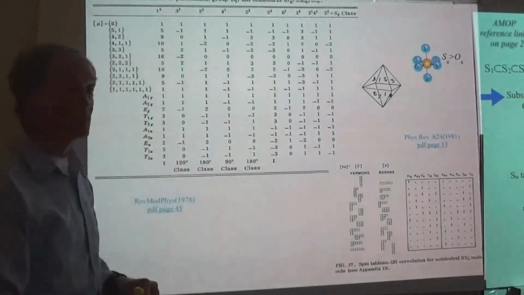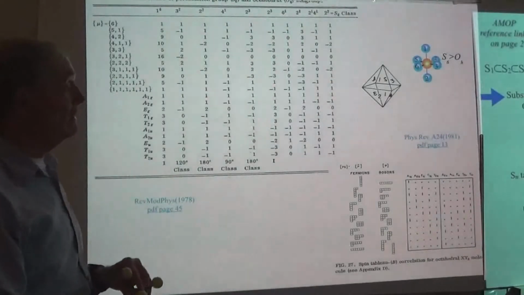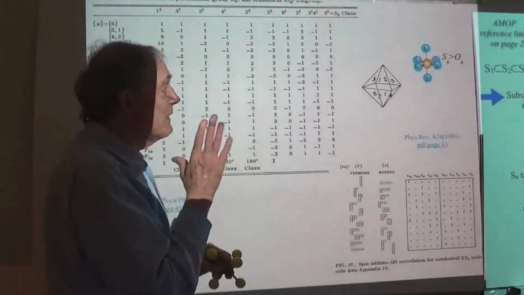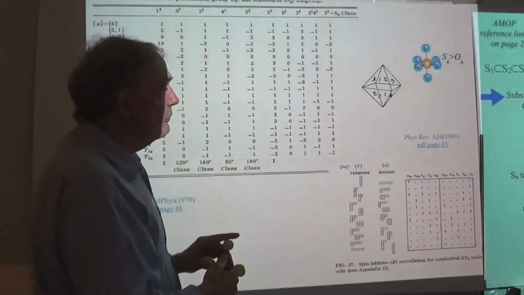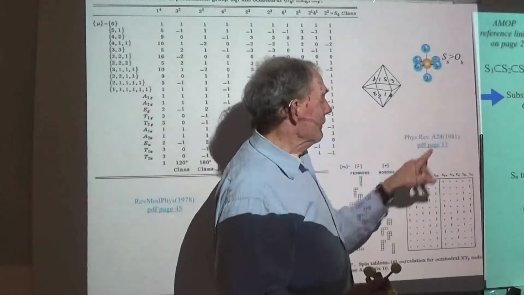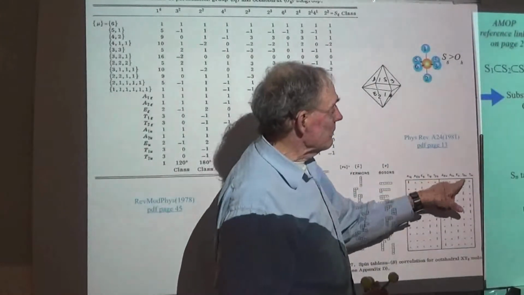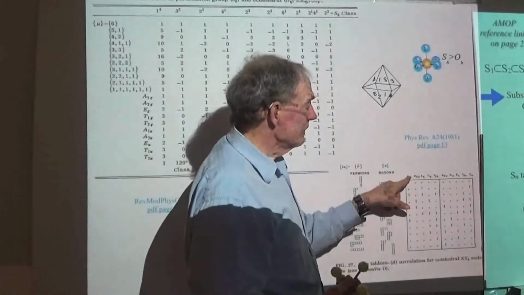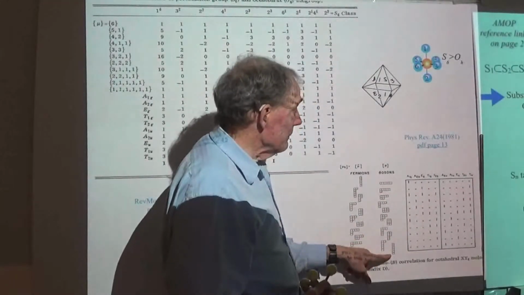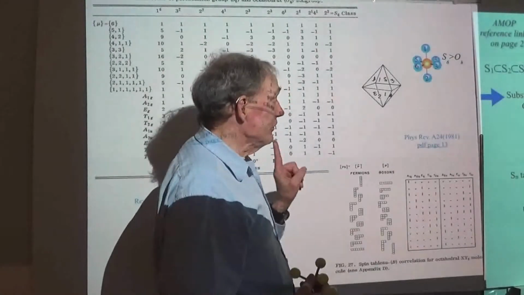That's not true. And this stuff really shows that. So what we need to do is the same kind of correlation between the little octahedral group, very little octahedral group that only has 10 representations, and all of them in general representations of the S6.